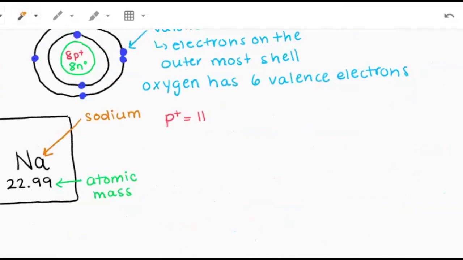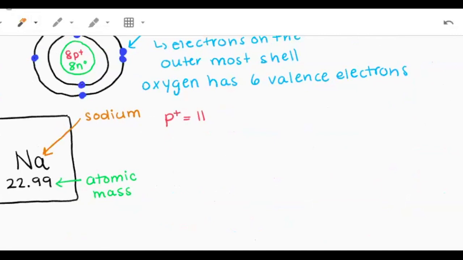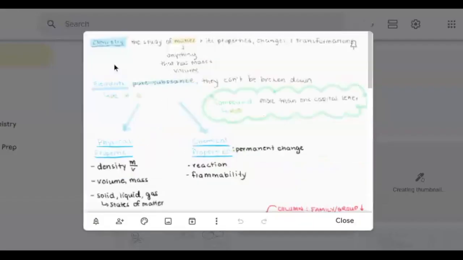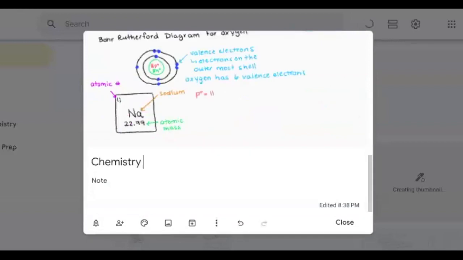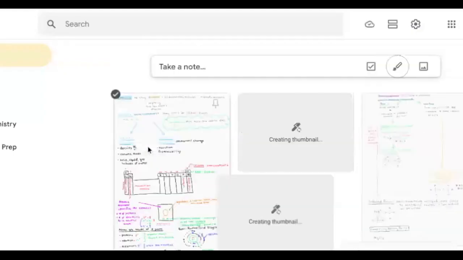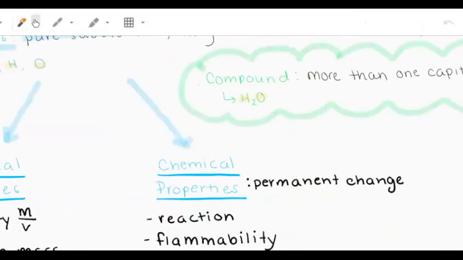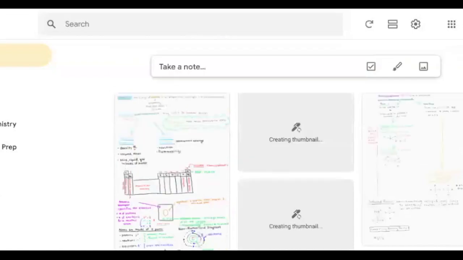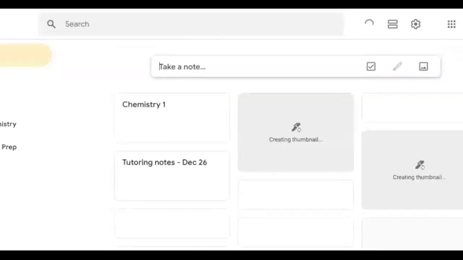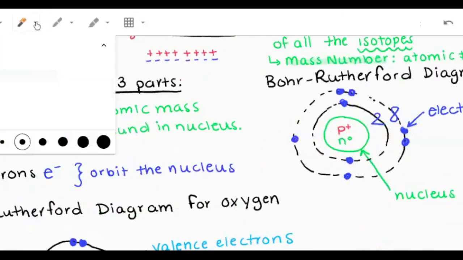Oh, I don't want to be stuck in red. One second. Okay, so while I try and change the color here, think about the number of protons, neutrons, and electrons. I really enjoy the colors. That's why I want it back. Let's try this. There we go.